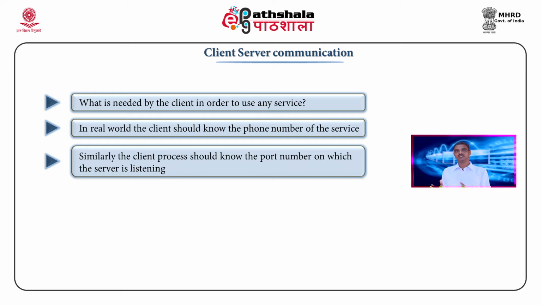If a client wants to communicate with a server process, the client must know the port number on which the server is listening. Yes, we talk about a server listening on a port.